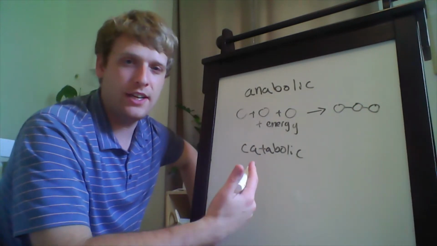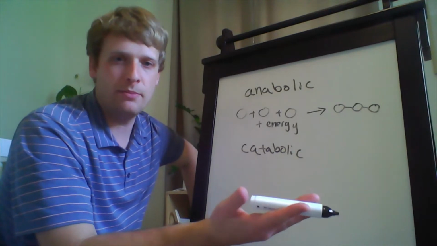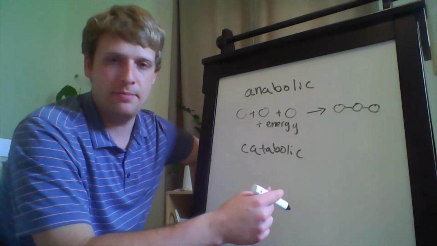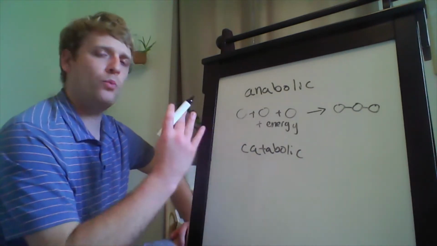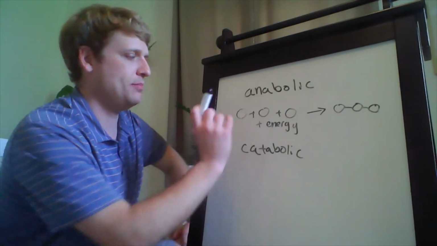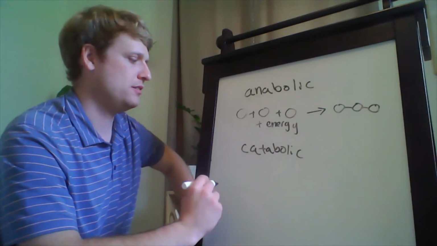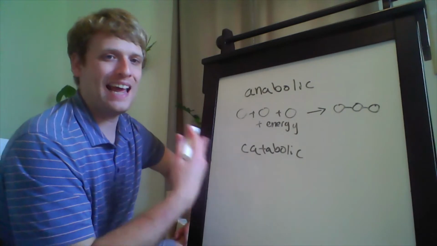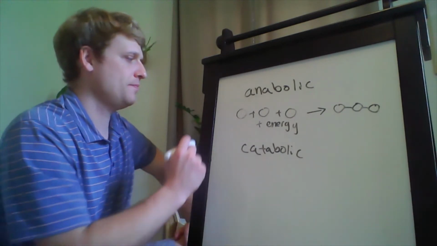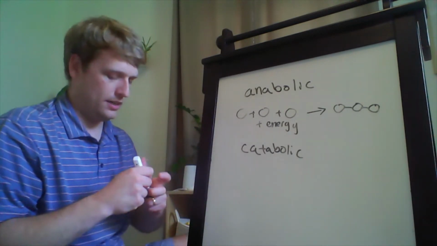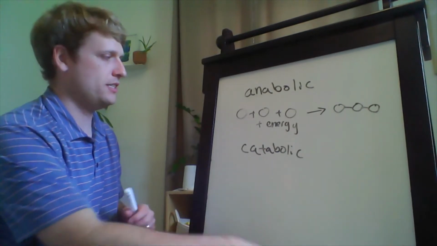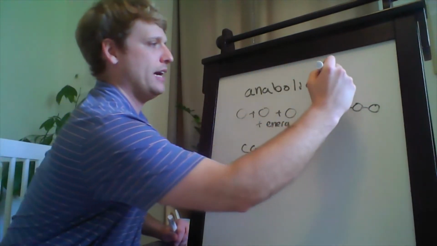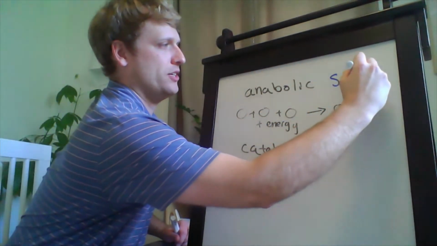Where does that energy come from? Probably jumping ahead a little bit, that's ATP. But where do we get the ATP to supply energy for these reactions? And that comes from our catabolic set of reactions. So again, anabolic reactions can be categorized as synthesis reactions.